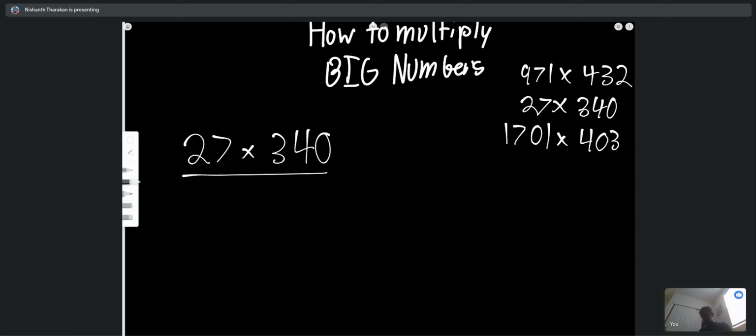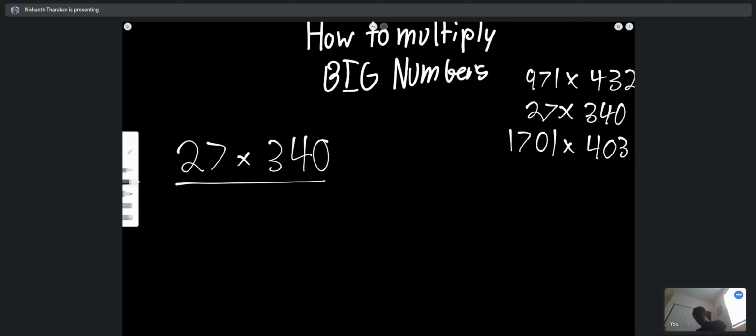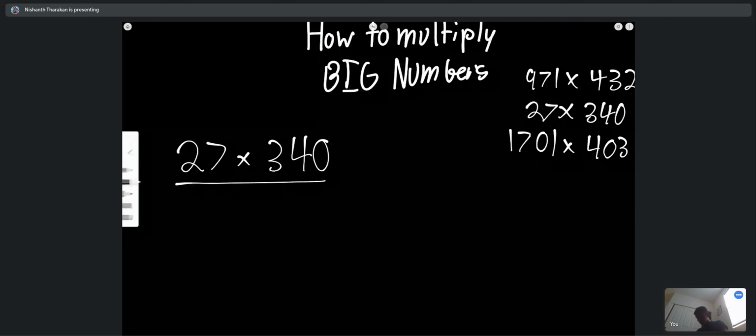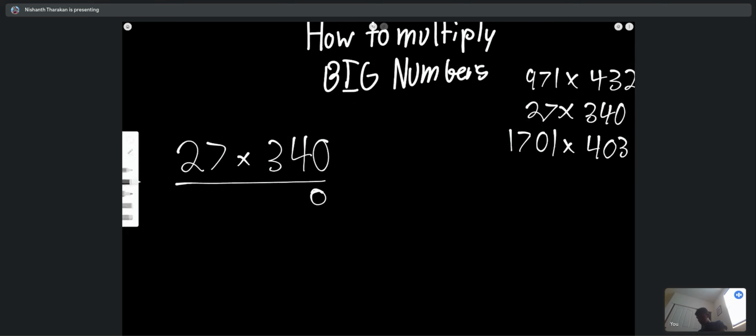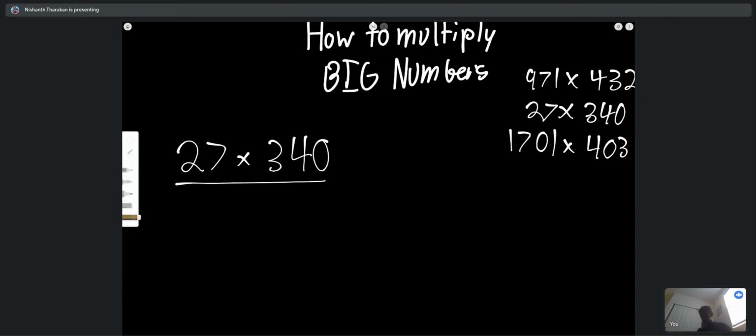Now we actually start off with a 0. So we multiply 7 times 0, that's 0, 2 times 0, which is 0. So in case you haven't noticed, this entire line is just going to equal 0 because anything times 0 is 0. So you can just ignore this line.